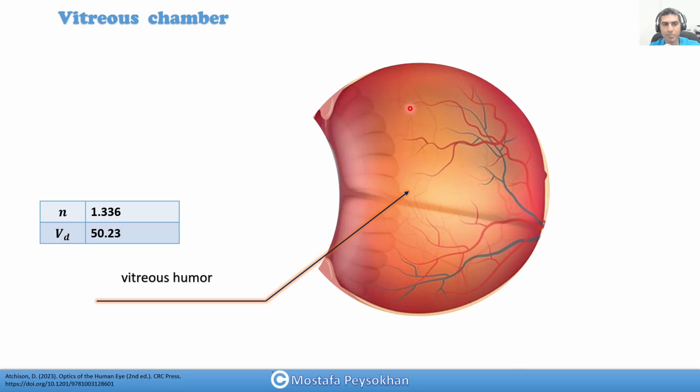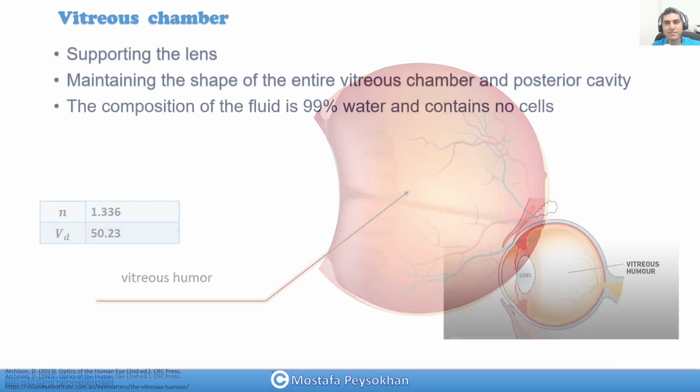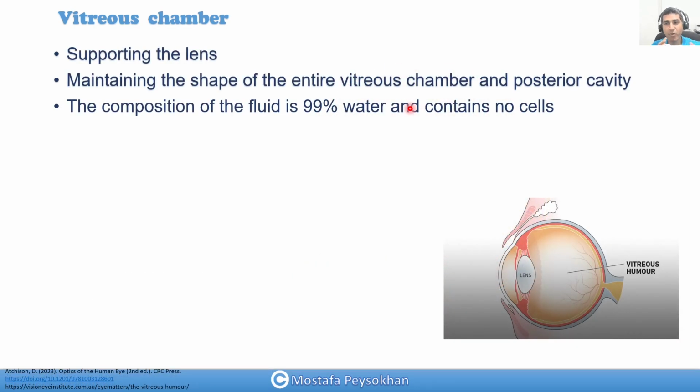We have an Abbe number of 50.23, and the main function of this part is to support the lens. This jelly-like liquid pushes on it and maintains the spherical shape of the lens. It maintains the entire chamber, or posterior cavity.